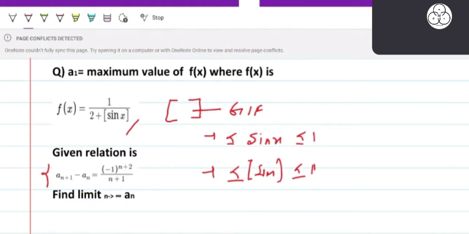So what we can do is just add 2: 2 plus sin x lies between 3 and 1.